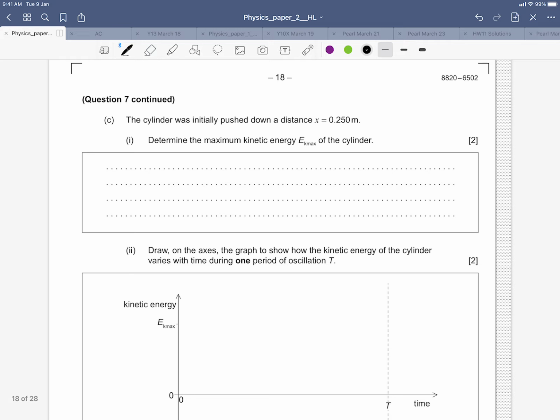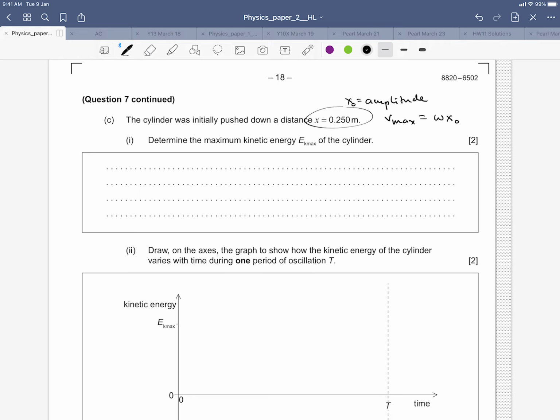Then we need to work out the maximum kinetic energy. They tell us that it was initially pushed down this distance. Okay, so this is of course the amplitude that they give us, the maximum displacement from equilibrium, and it's good they give us that because we have to remember that the maximum speed when the object whizzes past the equilibrium is omega times amplitude. It's called the amplitude x naught here.